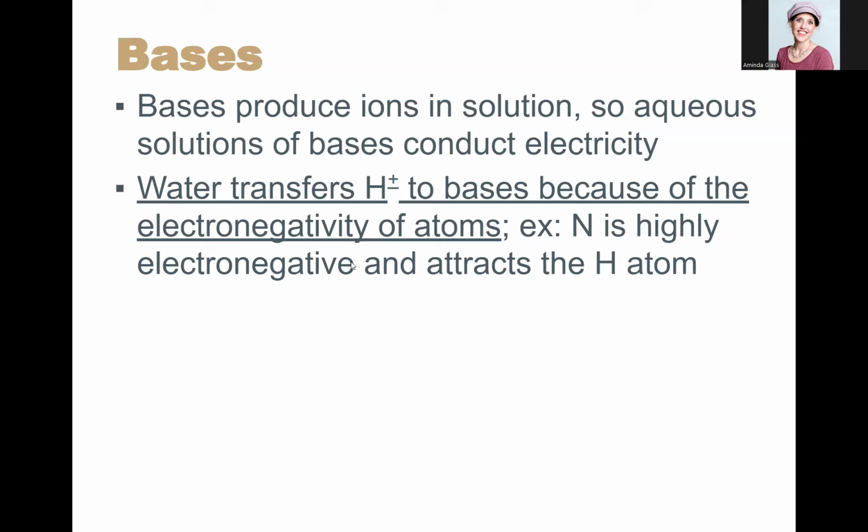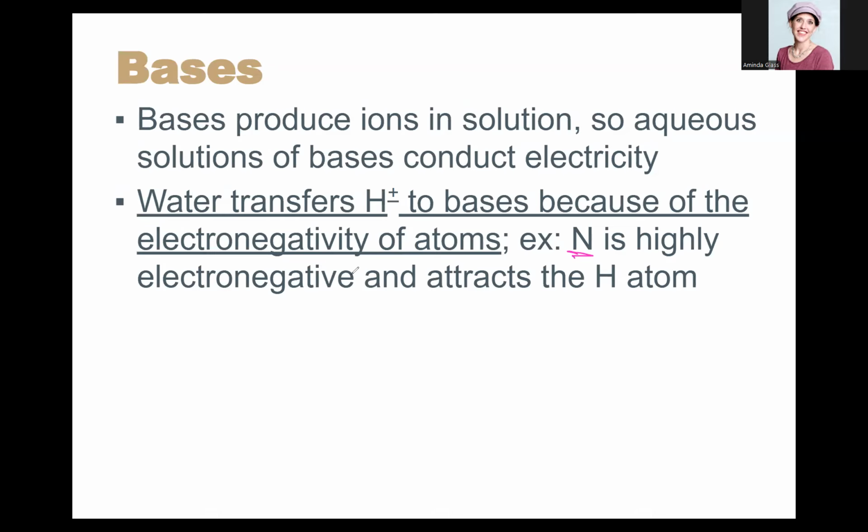Water transfers hydrogen ions to bases because of the electronegativity of the atoms. So if we have nitrogen here, and it's highly electronegative, which we know based on our electronegativities chart, it's going to attract that hydrogen ion.